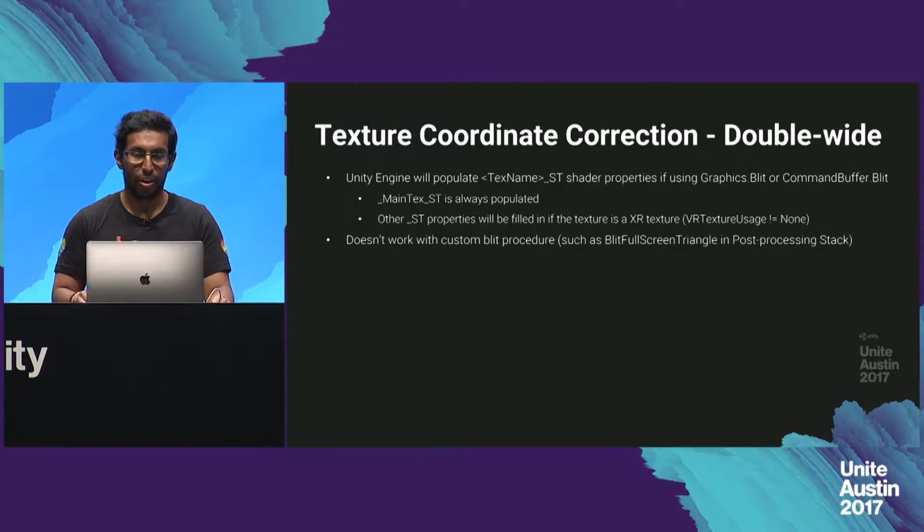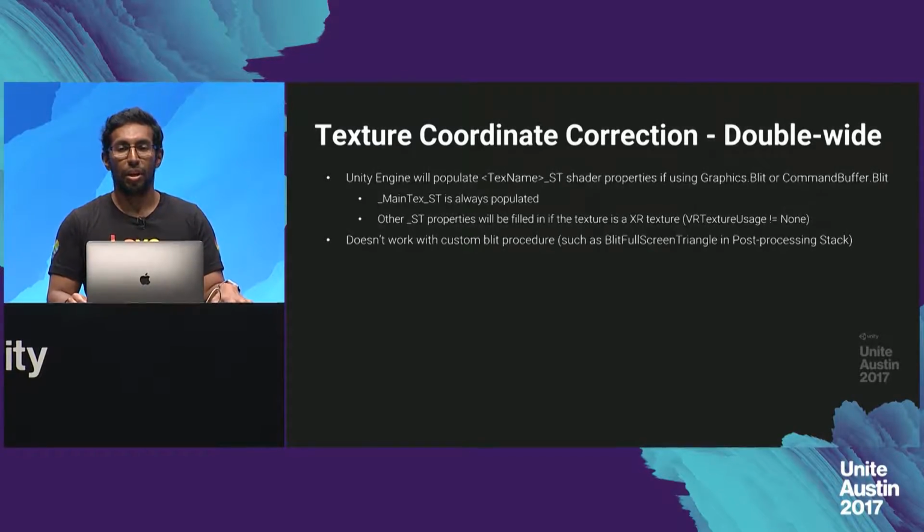These ST properties are populated if you use Graphics.Blit or CommandBuffer.Blit. In this case, _MainTex_ST is always populated no matter what. Other ST properties that you have will also be filled in if they correspond with an XR texture.